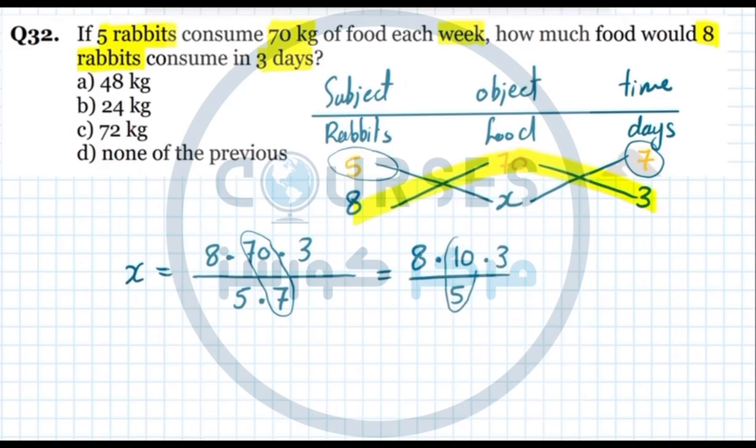Yeah, the 10 is divisible by the 5, so let's take these together. So that's going to be 8, 10 divided by 5 is 2, times 3. So 2 times 3 is 6, and 8 times 6 is 48. So the answer is 48 kilograms.